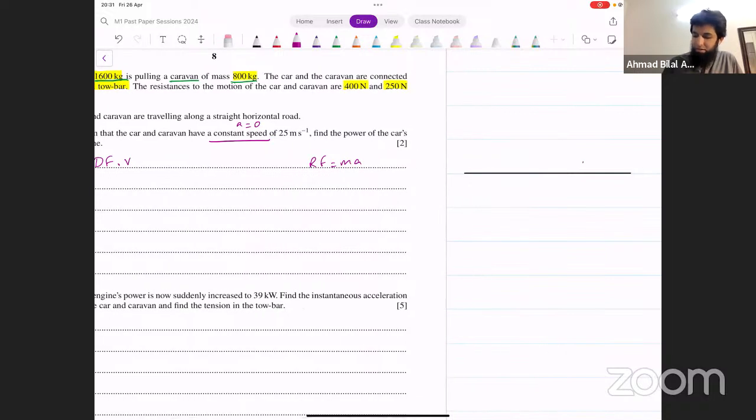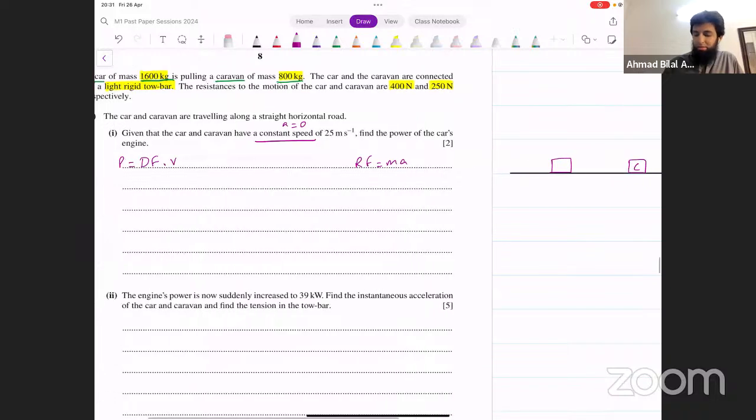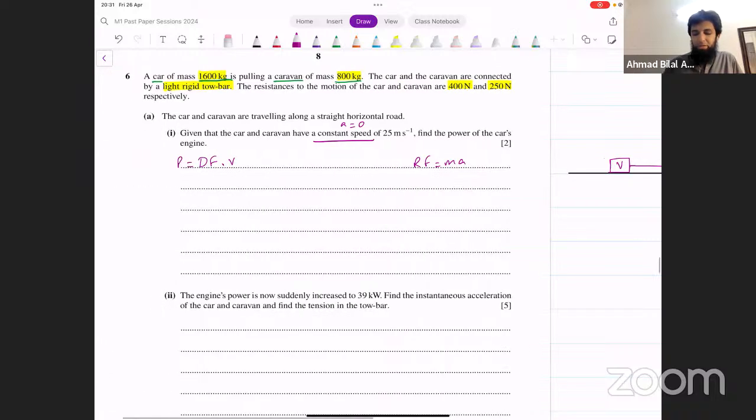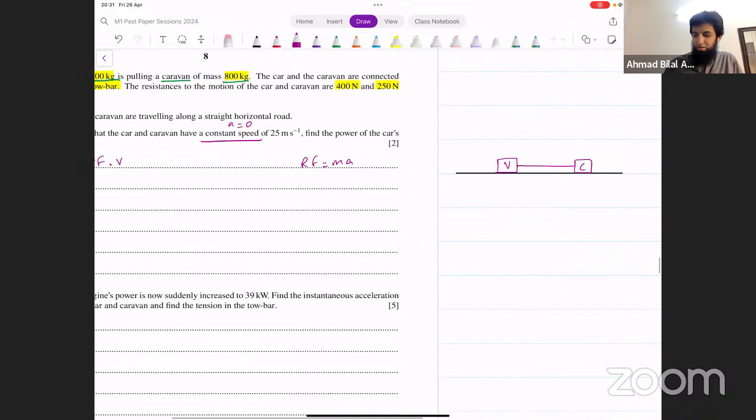Let's say this is the car. And this is the caravan. Let's represent it by V, because we can't use C for this again. Car is pulling this caravan at a speed of 25 meters per second.